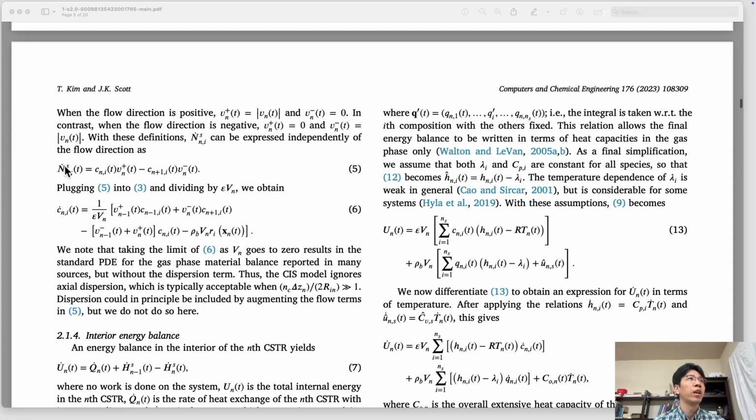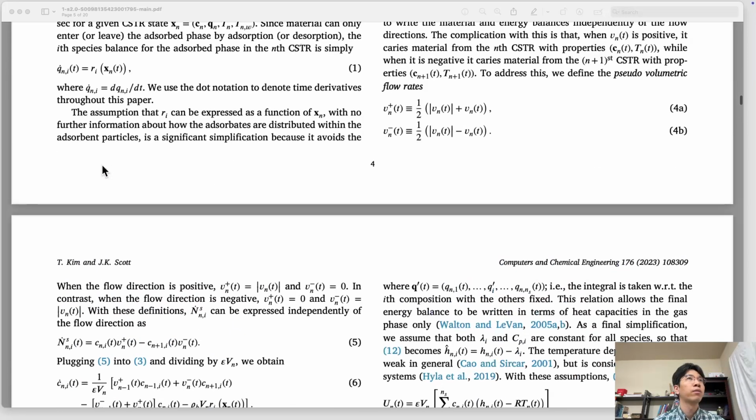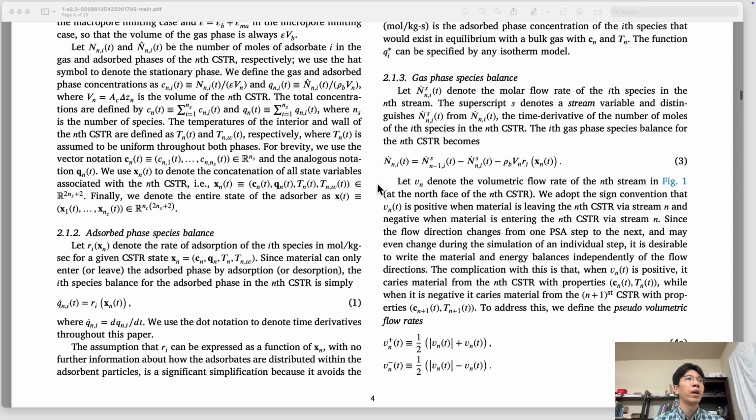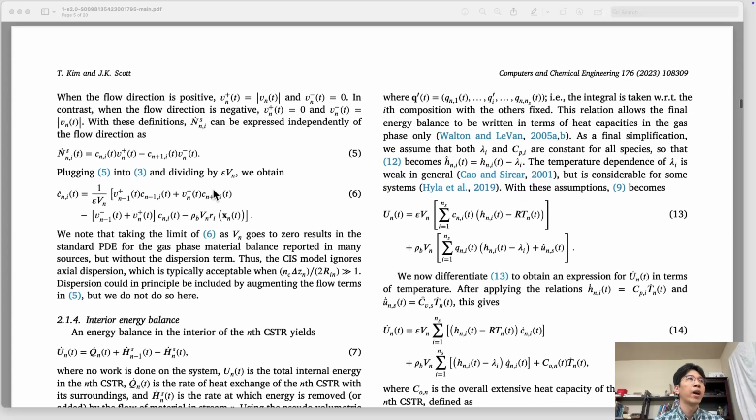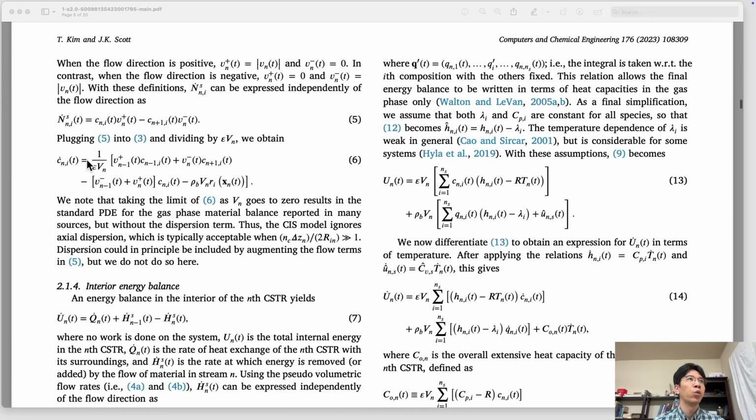And once we are able to write these molar flow rates independent of flow direction, we can plug them back into the first and second terms in equation 3. Then we're able to finally do some algebra and derive this equation.